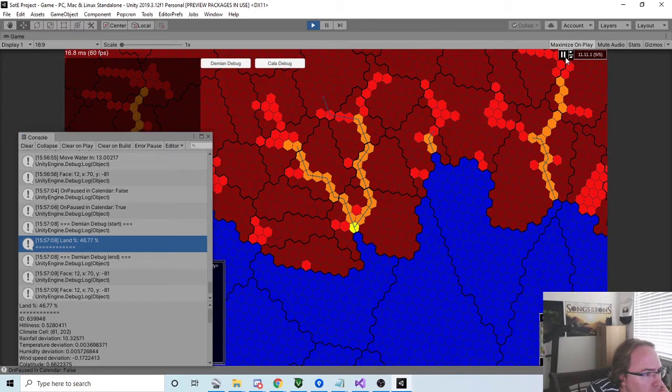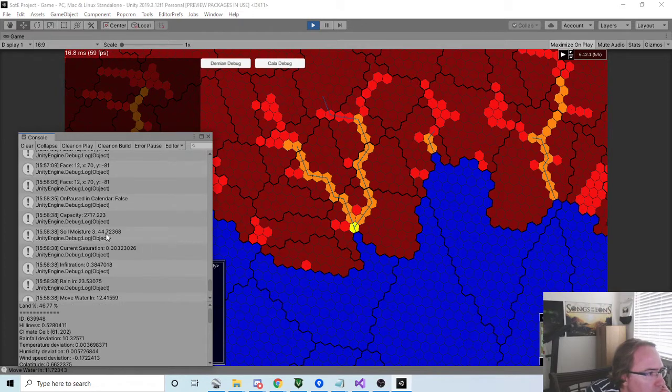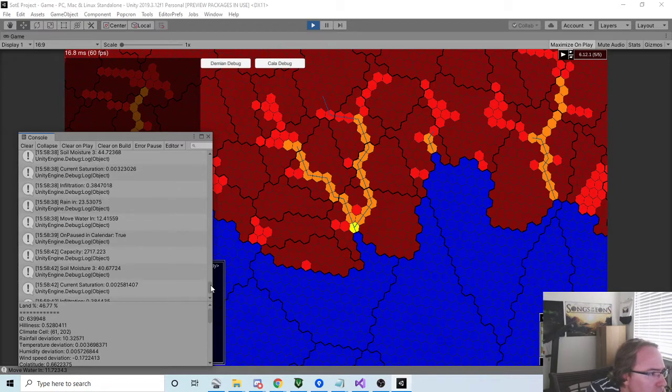Let's let it run. Capacity, that looks about right, 2,717. Soil moisture is garbage. Current saturation is minuscule. Infiltration, 0.38, that seems reasonable. Rain in, 23, right, so it's barely gonna grow. Move water in, 1, 2, 12.